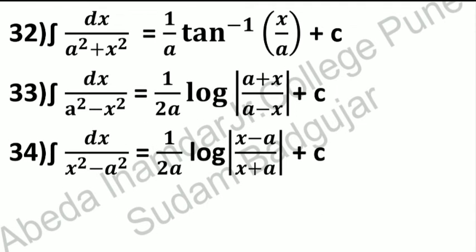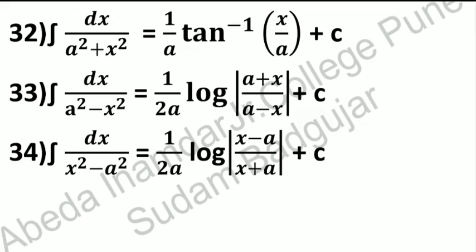You can observe the LHS of formulas 32 to 34. The LHS are similar: 32 is the integration of dx upon a square plus x square, 33 is the integration of dx upon a square minus x square, 34 is the integration of dx upon x square minus a square, meaning a difference or sum of perfect square terms, but one of the terms is a variable, and the results are different.